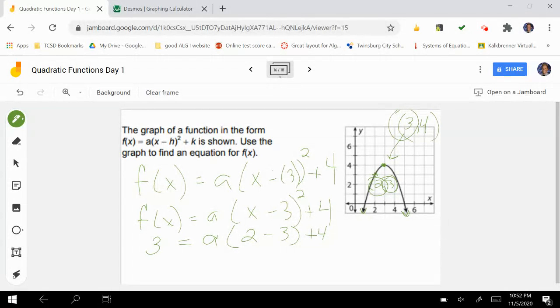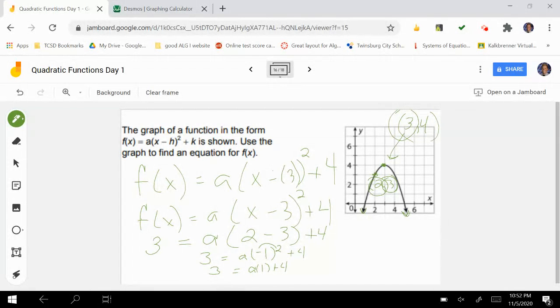What is 2 minus 3? -1 squared plus 4. I still have a times out front, equals 3. Well, what's -1 times -1? That's going to be a times 1 plus 4 equals 3.